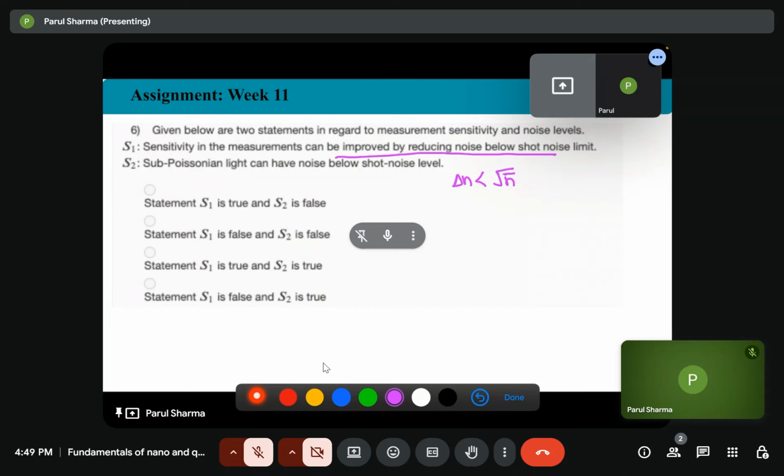Because in that direction, if the number of photons is below the mean, that is below the short noise limit, we are reducing the fluctuations. That's why we are increasing the sensitivity of the measurements by reducing the noise. And this condition represents the subpoissonian.